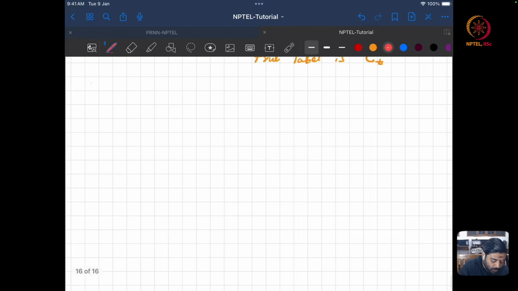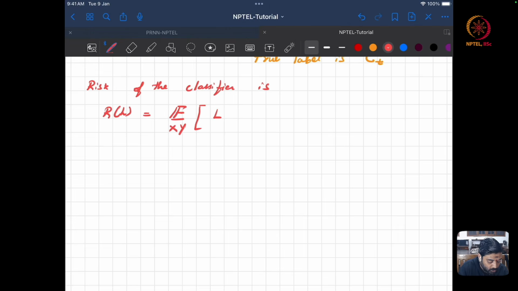Now the risk of the classifier, R(h), is equal to the expected loss over the joint XY, loss of h(X), comma Y. Okay, this is the risk.